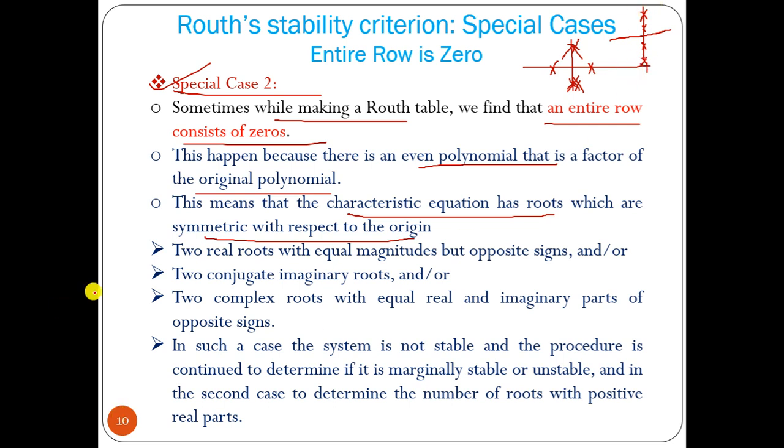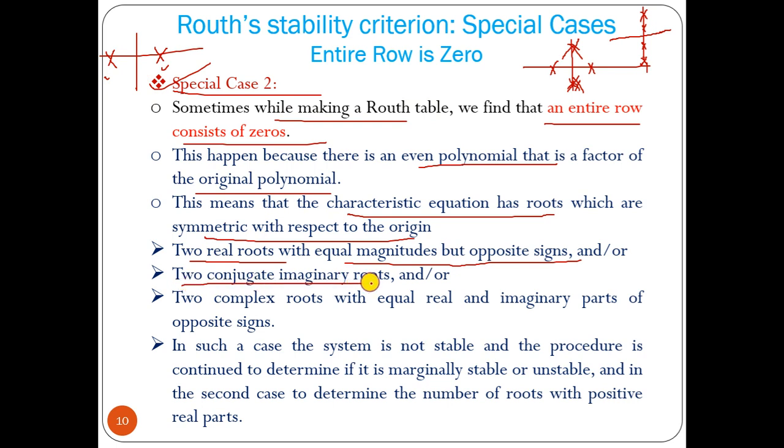Okay, so if that is the case, we can have two real roots with equal magnitude but opposite signs. So this is an example, that is, we may have two roots, two real roots with equal magnitude but opposite sign, plus and minus. So the system will be unstable, right?